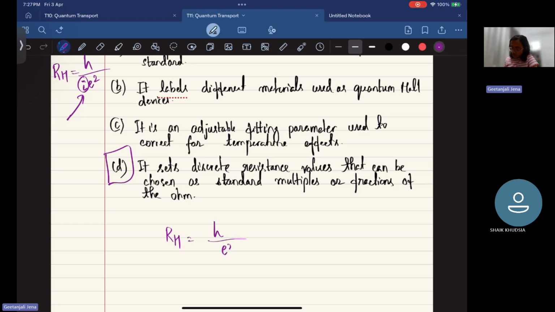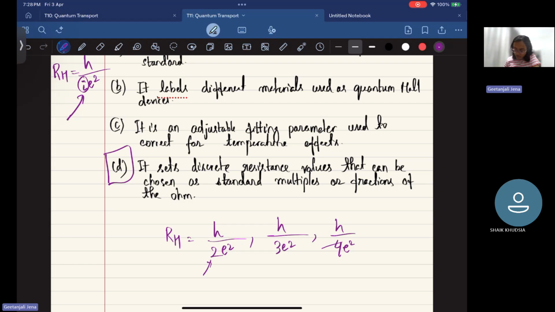You can get h/2e², h/3e², or h/4e². This i means a different plateau region, so you can flexibly choose whichever plateau region you want, and use it as a standard multiple or fraction of the ohm so that you can measure the resistance of some unknown device.